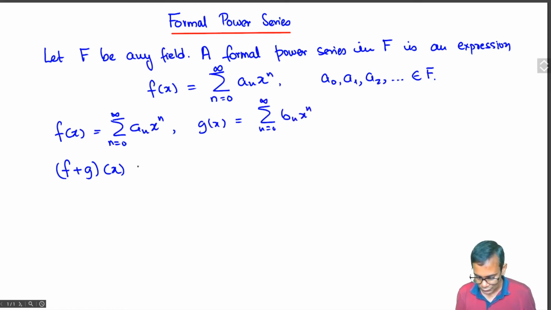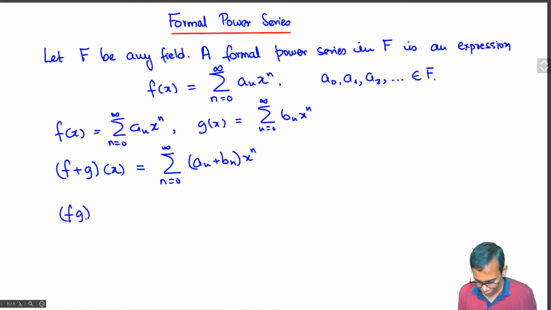Then f plus g of x is by definition the formal power series given by summation n goes from 0 to infinity (a_n plus b_n) x to the n. Just the addition of the corresponding coefficients.